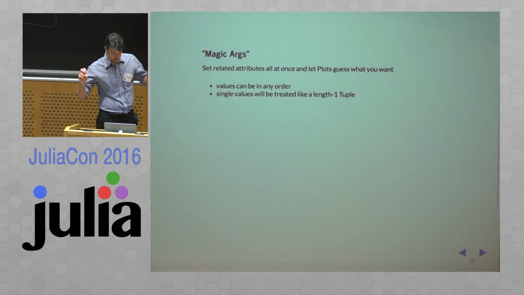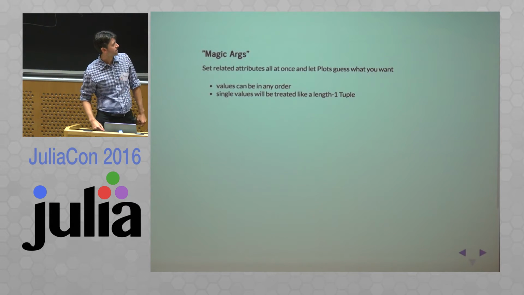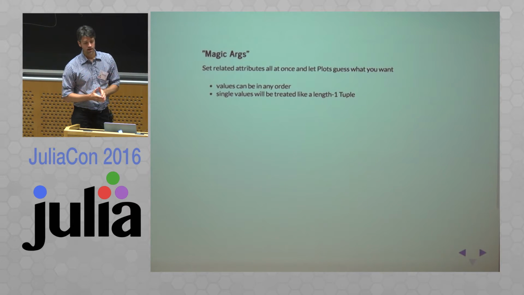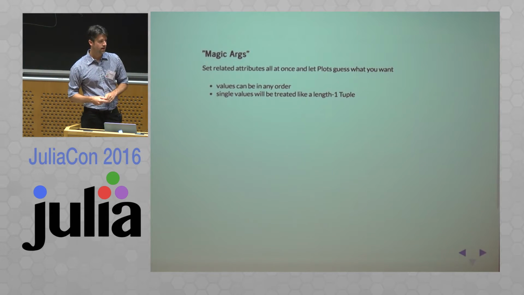And so magic args, as I've been referring to them, are a similar kind of concept, but you pass a bunch of attributes into a special argument, which is going to process the full list of attributes that you pass in, look at their types and try to do matching based on the types of what attribute it thinks that you mean.